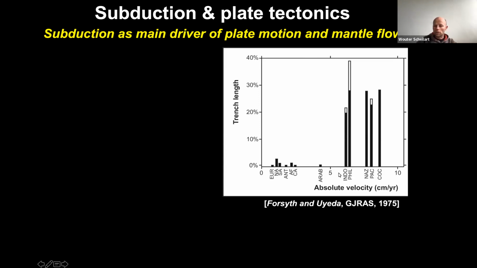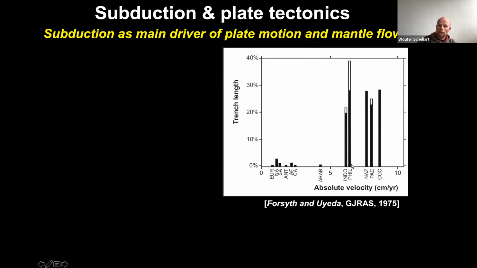So the horizontal axis indicates the average absolute velocity of these tectonic plates. And on the vertical axis, what we see is the percentage of the circumference of these tectonic plates that is attached to a subducting slab. So how much of a plate is attached to a sinking slab?